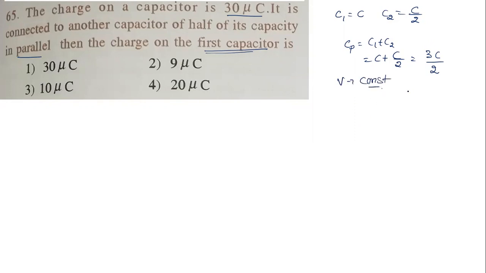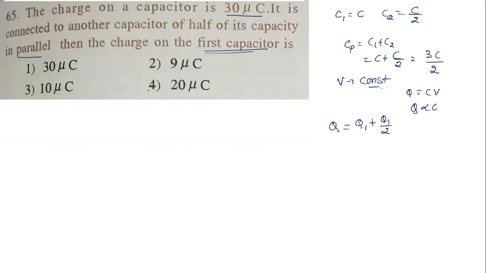As we know, Q equal to C into V, then Q is proportional to C. So as capacitance changes, the charge also changes. Then I can say total charge equals Q1 plus Q1 by 2.